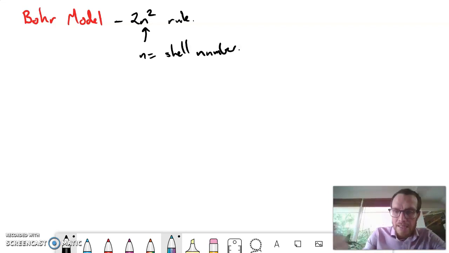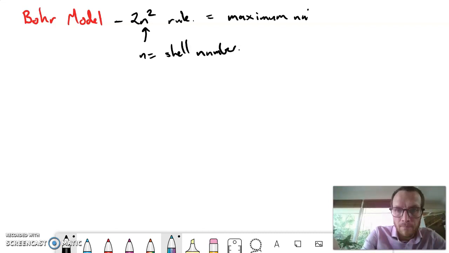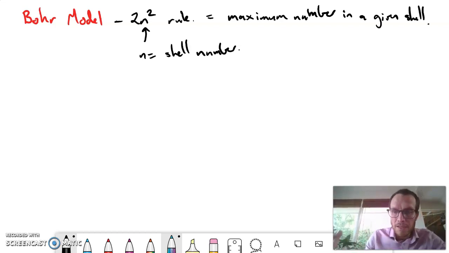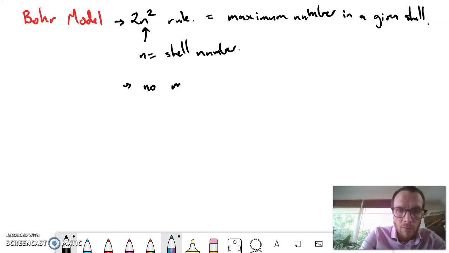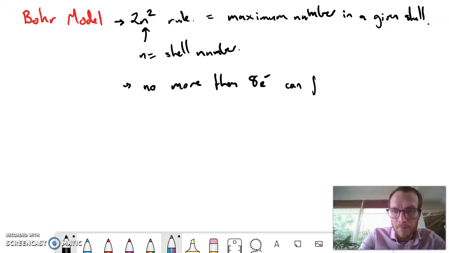And 2n squared is equal to the maximum number of electrons that can fit into a given shell. Noting that we have this other rule that also no more than 8 can fit into the last or the valence shell.